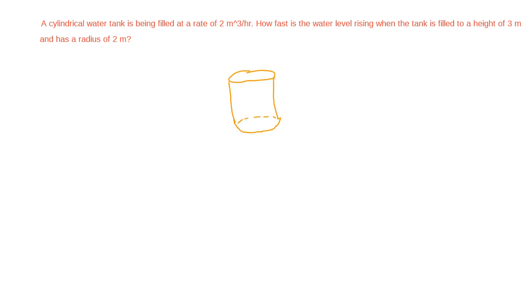Now let's read through our problem and see what information they give us. They said it is being filled at a rate of 2 meters cubed per hour. They also want to know how fast the water level is rising. They said height of 3 meters and radius of 2.